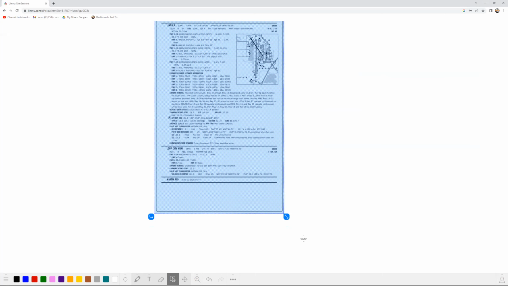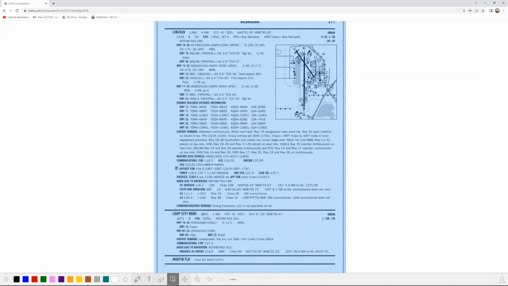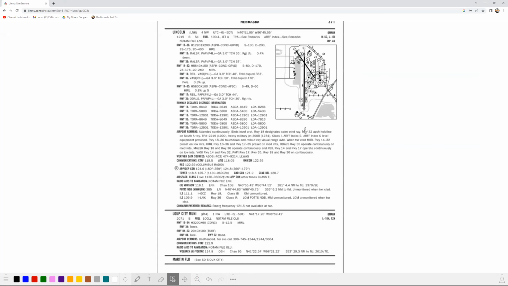Okay, so this is an AFD chart supplement for Nebraska, or we got Lincoln, sorry, and Loop City Muni. So the question was, refer to figure 52, what type of radar services are provided to VFR aircraft at Lincoln Municipal? My question is in regards to 52 being the LNK AFD and the R with the circle around it, indicating there are radar services.